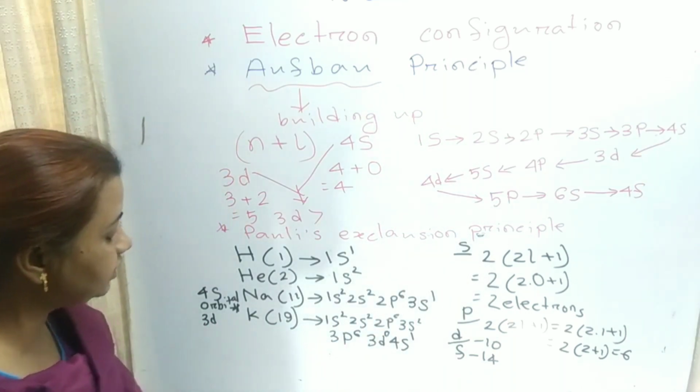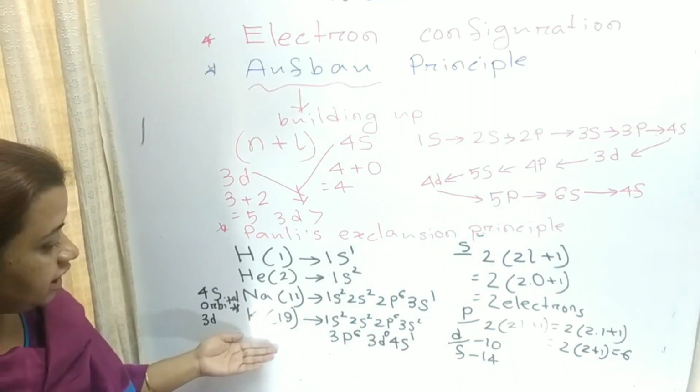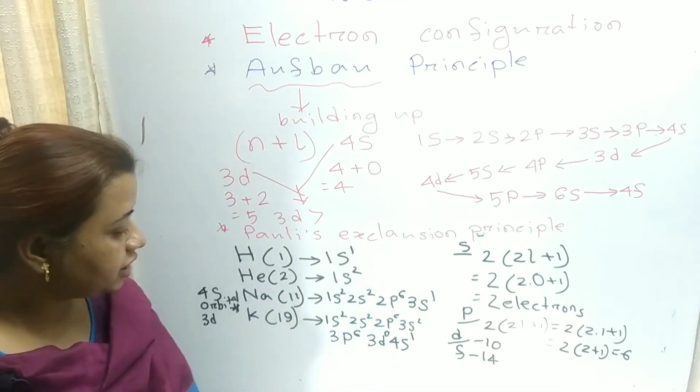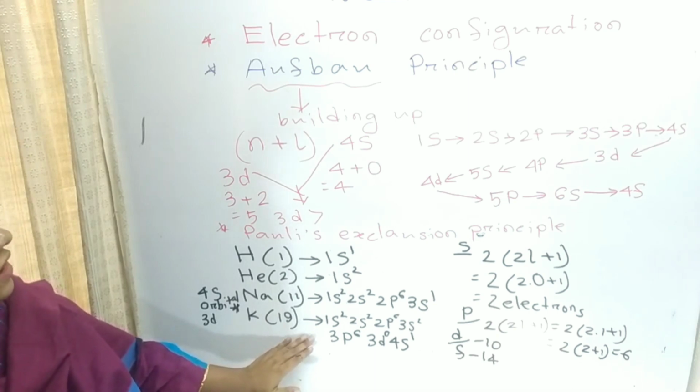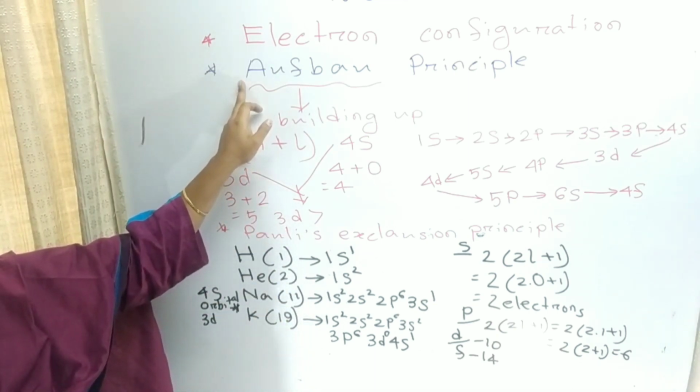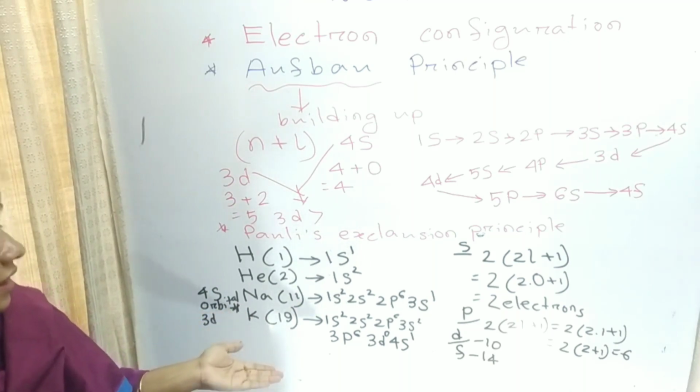So, if you get the question, why the last electron of potassium enters into the 4s orbital, at that time at first you have to give the electron configuration, then the above principle. According to the above principle, at first electrons will enter into the lower energy level, then the higher energy level.